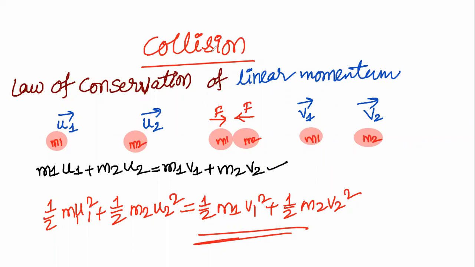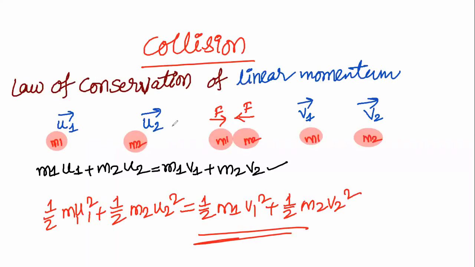After the collision, we have seen the velocities of the bodies: v1 is the velocity of the first body and v2 is the velocity of the second body. This collision may be elastic or inelastic.